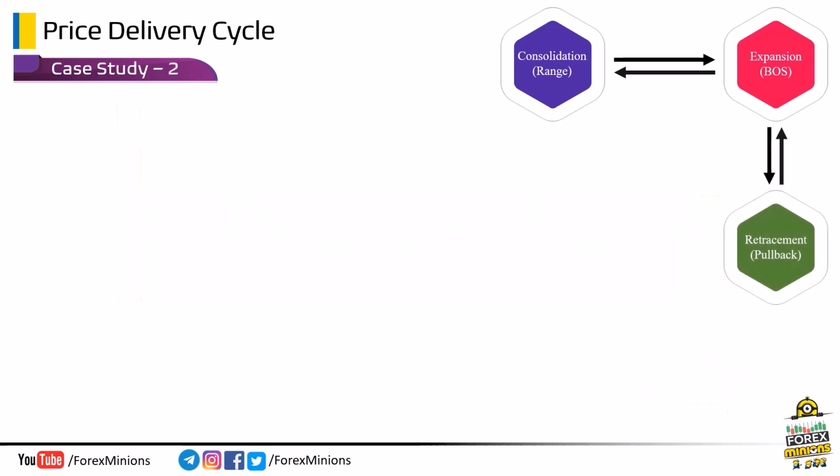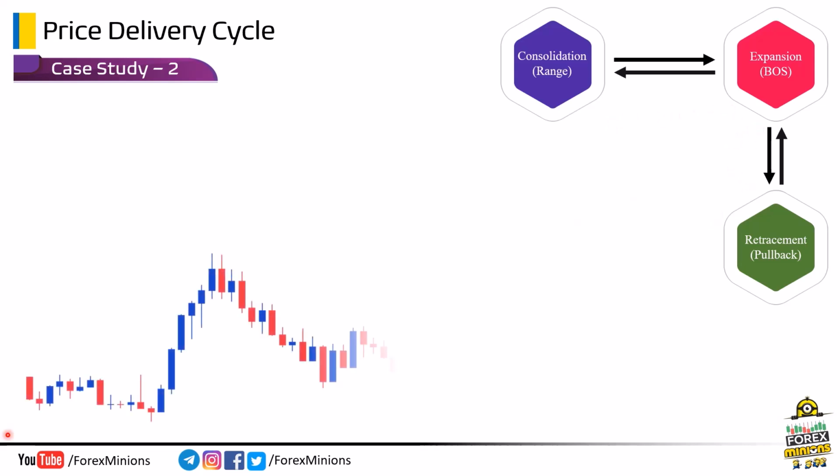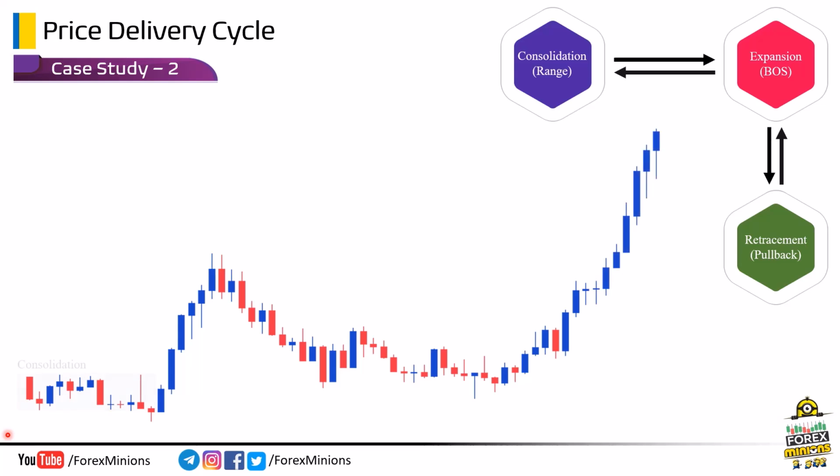Let's study the consolidation to expansion, and expansion to retracement cycle. This is a real market sample size. Now, this is a price consolidation zone. As per the price cycle, when there is a consolidation, we can expect an expansion. So here expansion occurred and price moved quickly out of this consolidation.